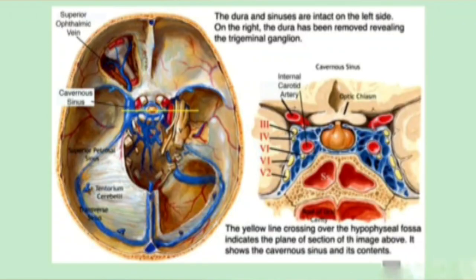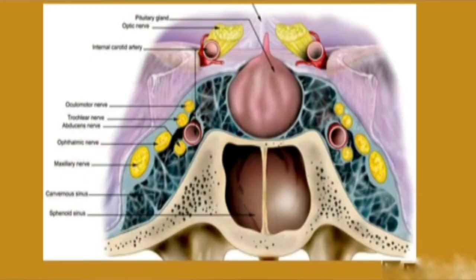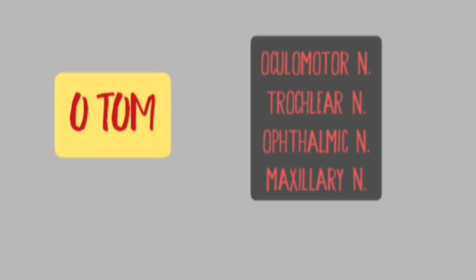So these are the structures present in the cavernous sinus, and the mnemonic to remember these structures is O, Tom, Cat, which is a famous mnemonic. The first 4 letters O, Tom represent the structures present in the lateral wall of the sinus. They are oculomotor nerve, trochlear nerve, ophthalmic nerve and maxillary nerve.